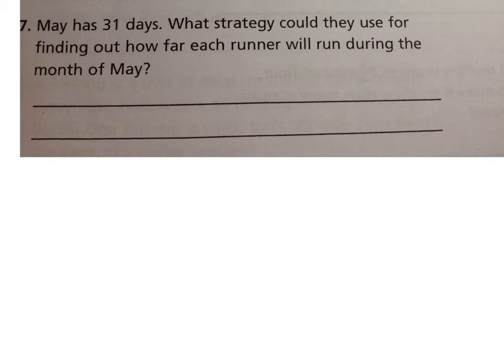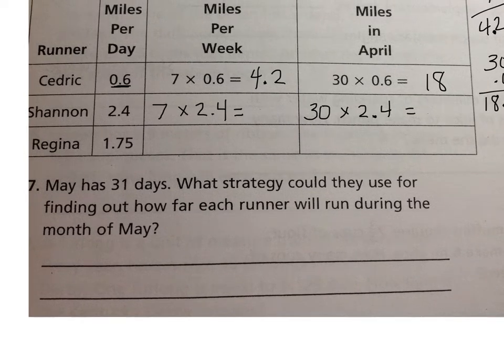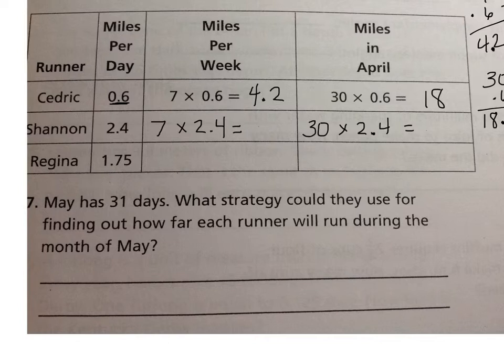Number 17, it's just asking you to think through mathematically. If May has 1 more day, April had 30 days and May has 31 days. So all they would have to do to find out how far each runner will run during May is add to what they had up here. So if in April, for example, Cedric ran 18 miles, in May he's going to run 1 more day.